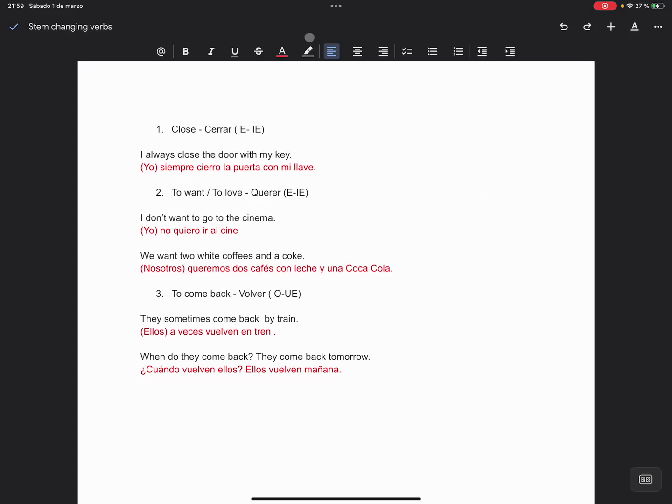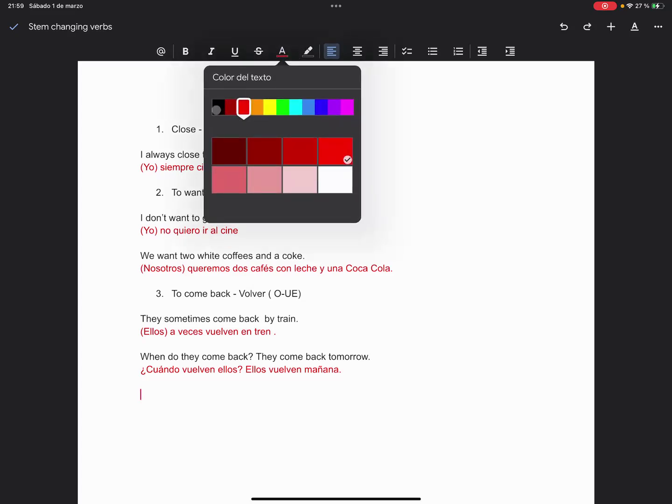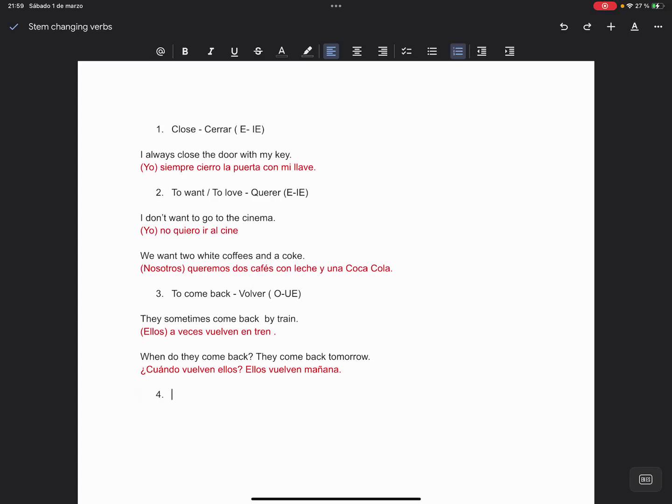More verbs or more sentences. For example, let's use a different verb now. I feel like using the verb pedir.